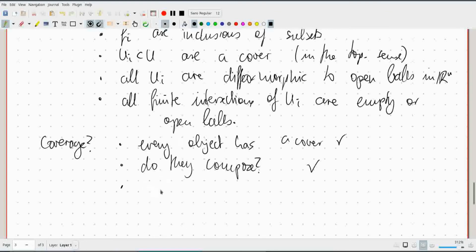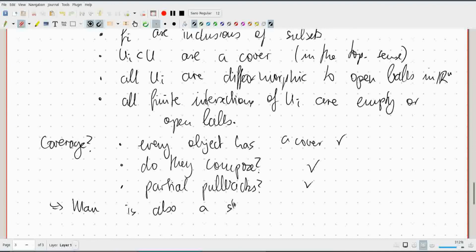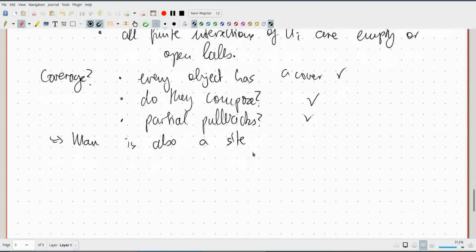So partial pullbacks, yes. So, conclusion, the category Man of smooth manifolds equipped with differentially good open covers is also a site. Namely, the site that we are going to talk about when we are talking about vector bundles.